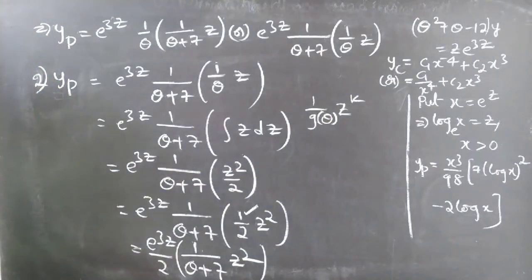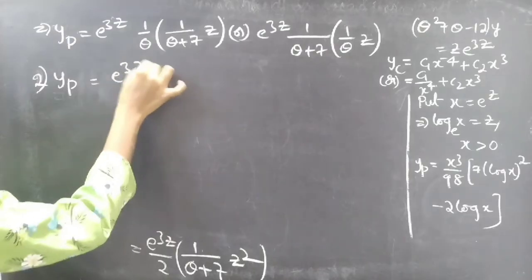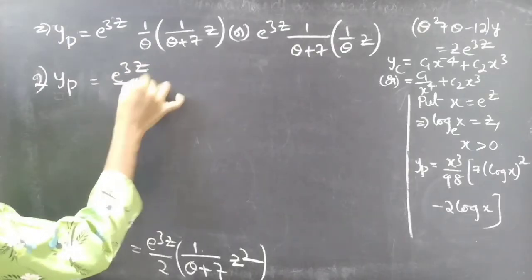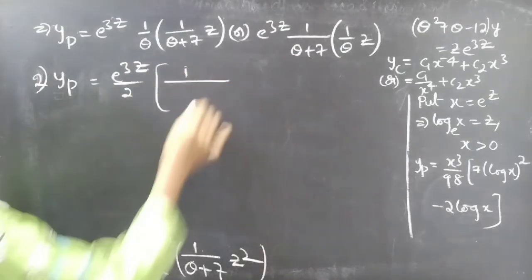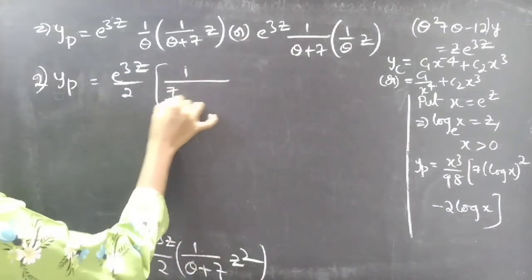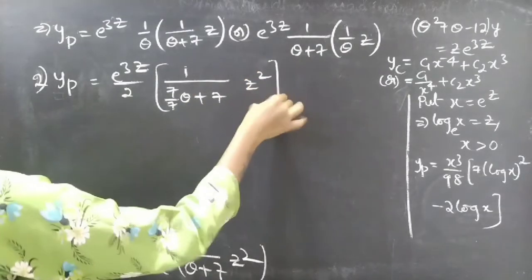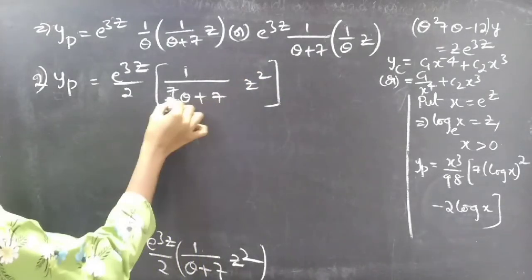Now take the lowest degree term common from these two terms. This becomes e power 3z by 2 into 1 by, we don't have 7 in the first term, so we'll multiply and divide 7 to theta. And now we'll take 7 common from these two terms.